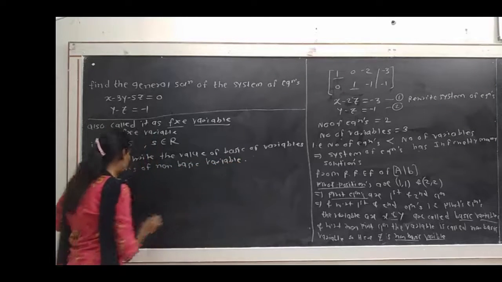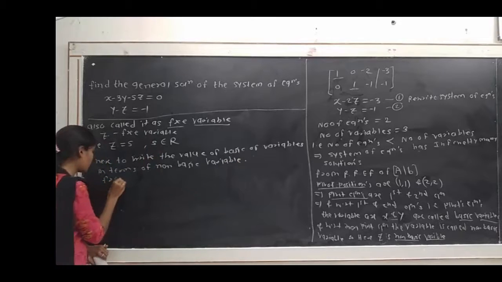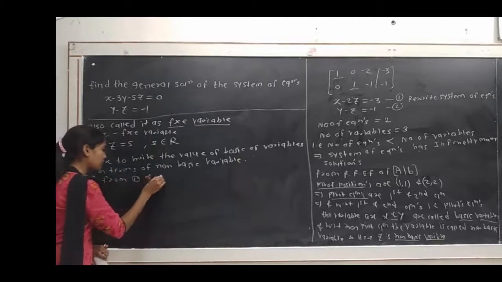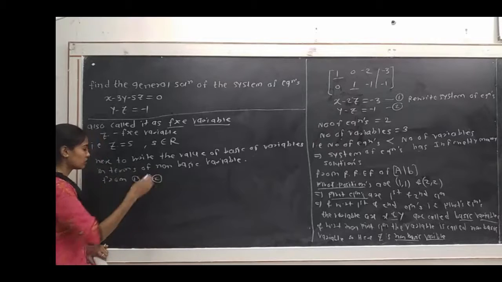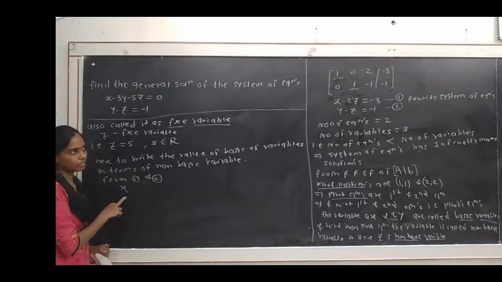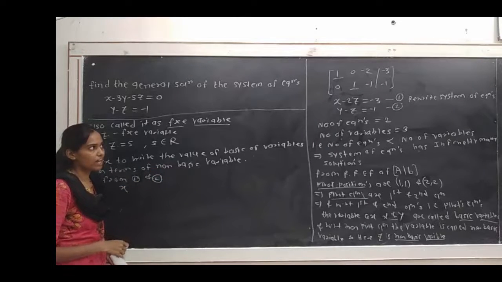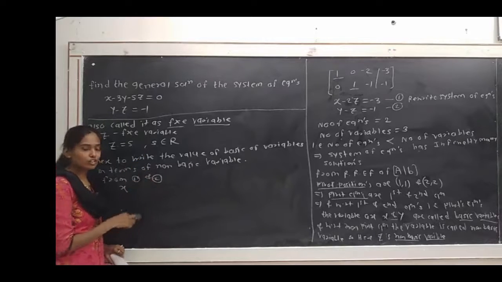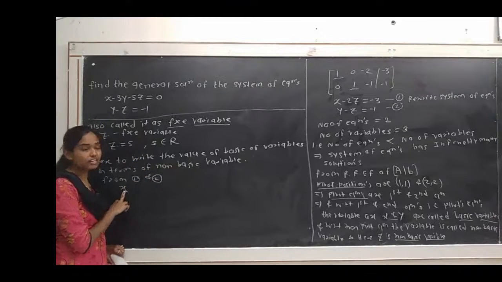So from equation number 1 and equation number 2, we write the values of the basic variables. Here the basic variables are x and y, and the non-basic variable is z. So we write the values of x and y in terms of z.